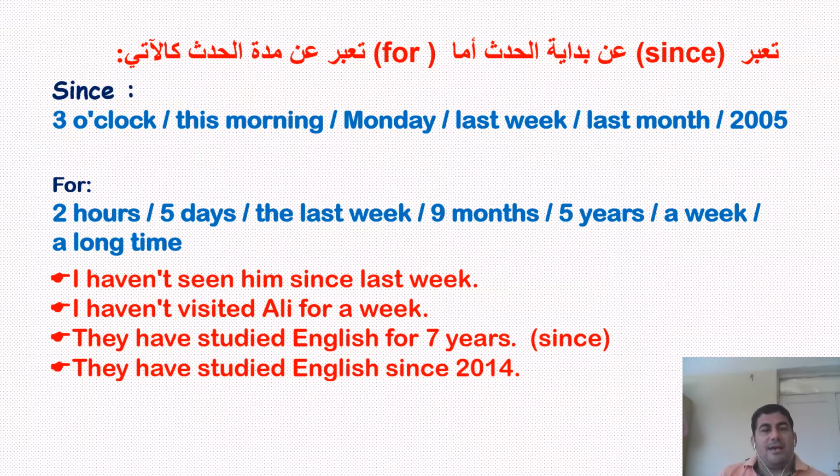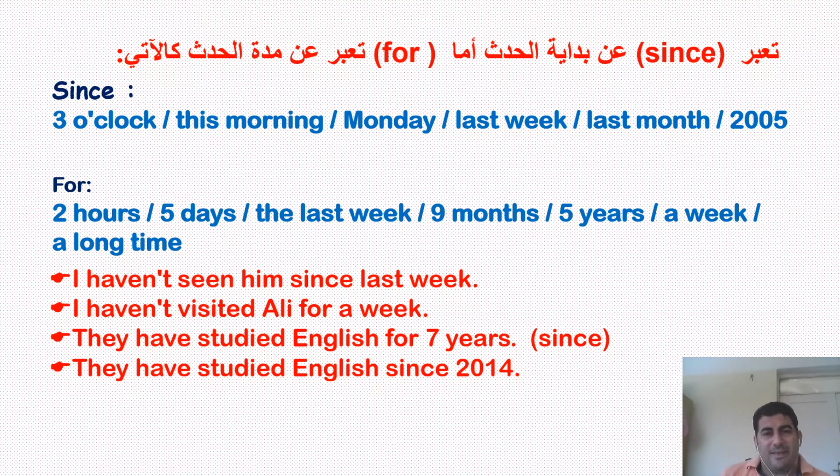But for comes with what? With these points. For 2 hours, it can be 3 hours, 5 hours, 12 hours, no problem. 5 days, maybe 7 days, 30 days, and so on. For the last week, okay, look at this, since last week, but for the last week.